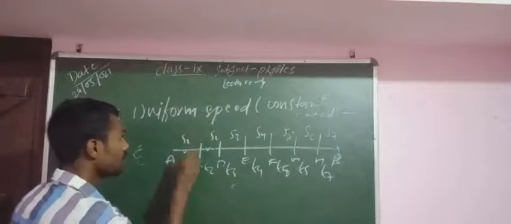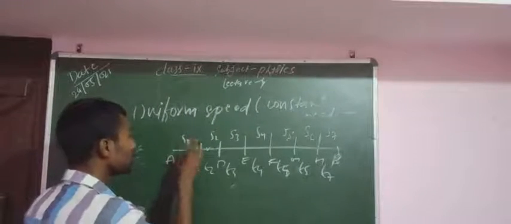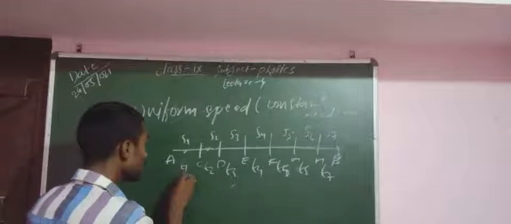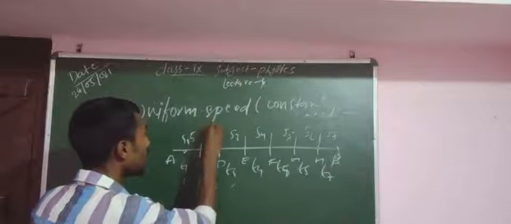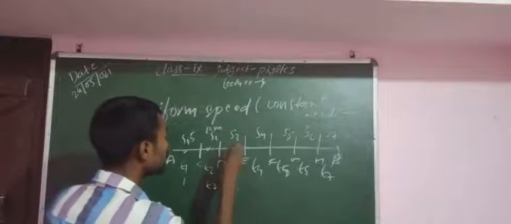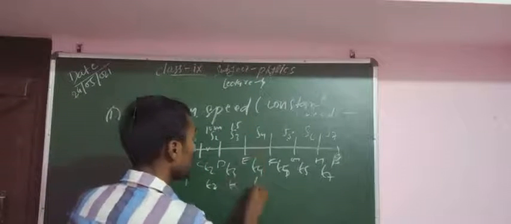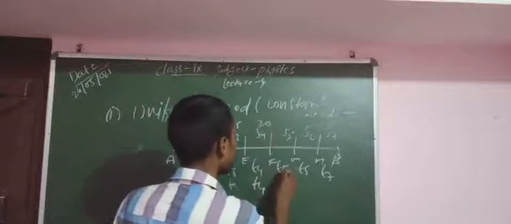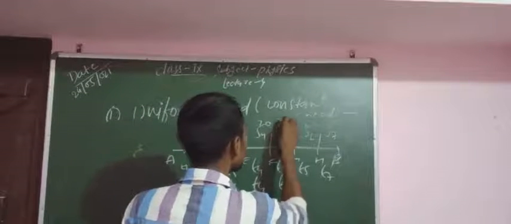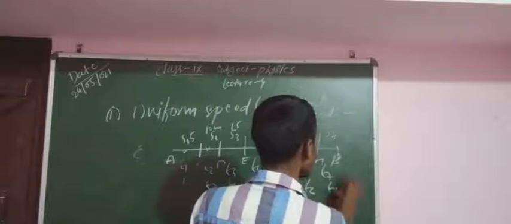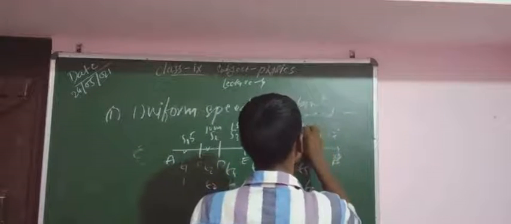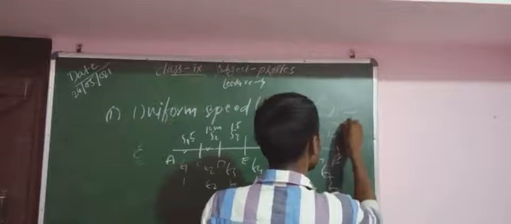Suppose that at T1 the body has covered 5 meters, at T2 10 meters, at T3 15 meters, T4 20 meters, T5 25 meters, T6 30 meters, T7 35 meters.